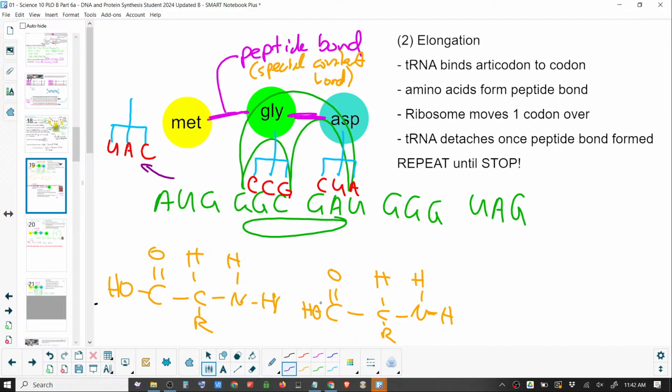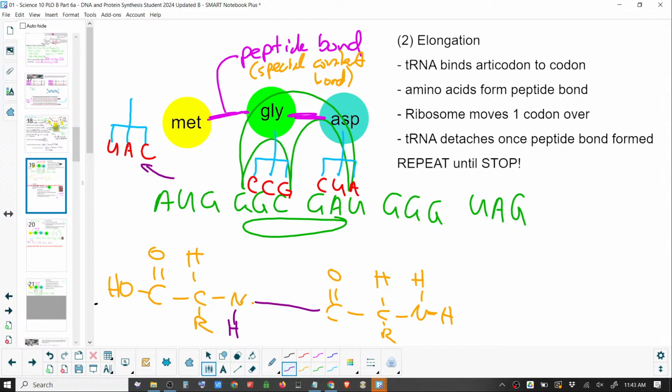This OH and that H come together. What is HHO? Water, H2O. So water comes out, and that hydrogen flips to the other side, and you get a bond between them.